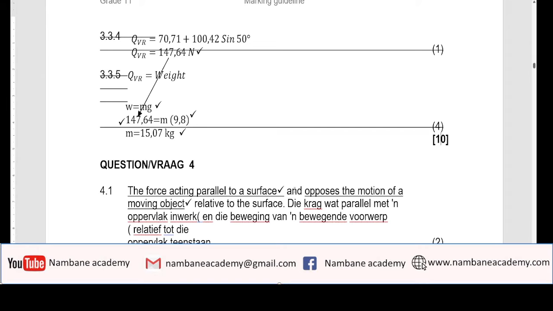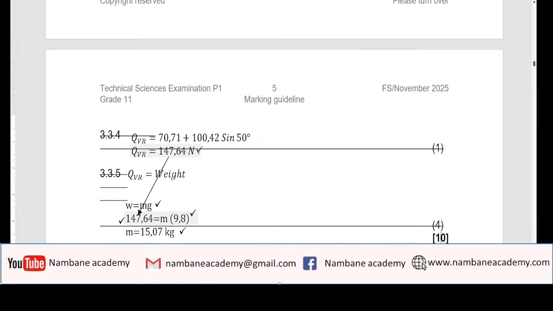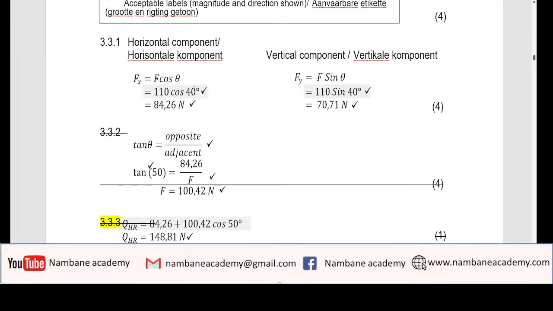Maybe we can give marks for the formulas for horizontal and vertical components. Yes, sir. But then again, you just said now we cannot give marks for formulas that were not given on the formula sheet. But it's mathematics, so we must know this.